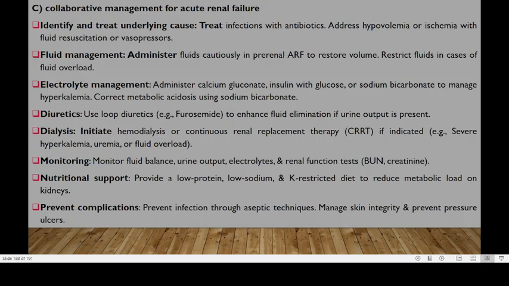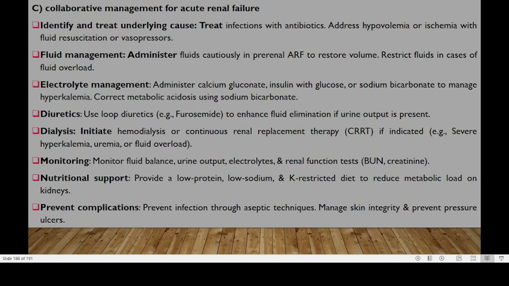In terms of management, you identify and treat the cause. You administer fluids cautiously in the pre-renal acute renal failure to restore volume. You administer calcium gluconate, insulin with glucose, or sodium bicarbonate to manage hyperkalemia. You use diuretics to enhance fluid elimination if urine output is present.